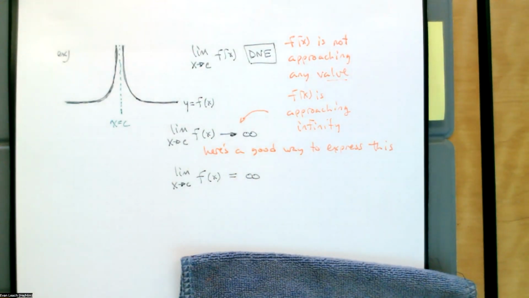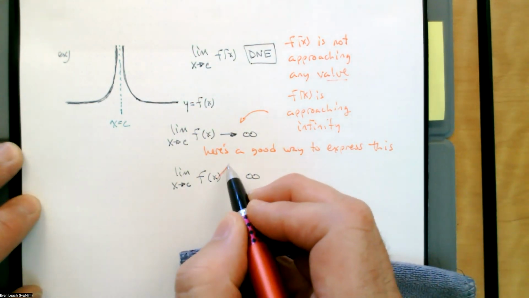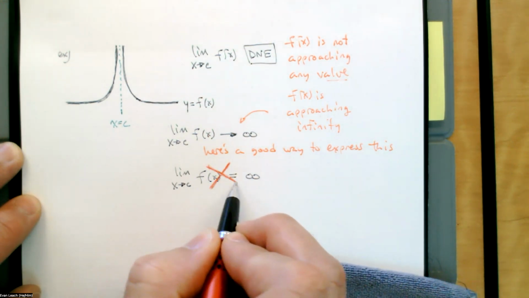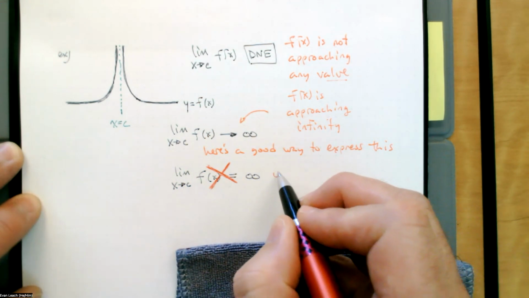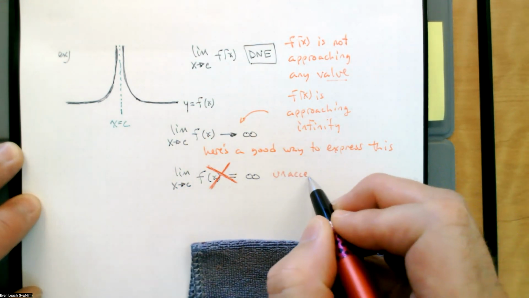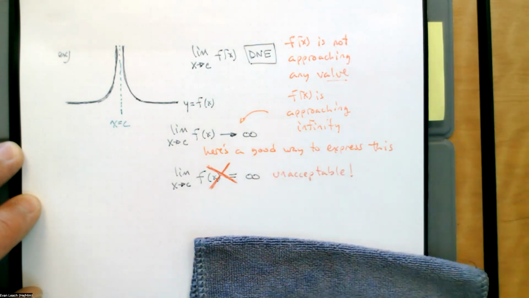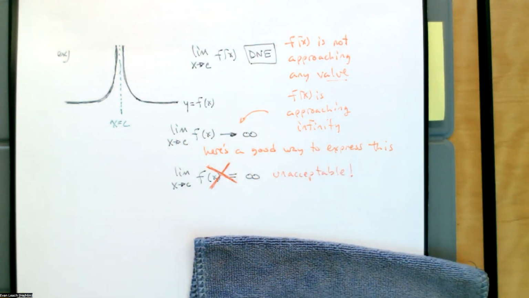This is unacceptable. Equals is for numbers. At the equals club, the bouncer rejects infinity. Saying equals infinity is completely unacceptable until it is acceptable.